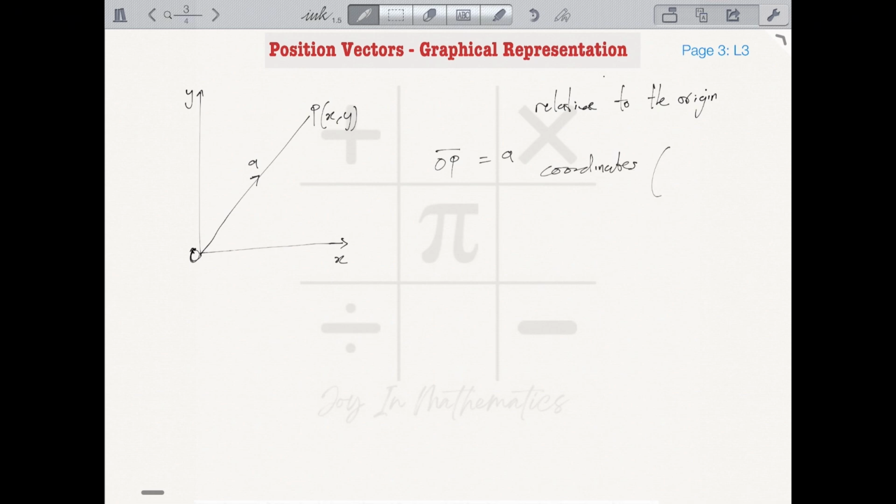of x, y. Now, there is a way to represent a position vector. If we have a coordinate of x, y, the position vector is represented as x, y.